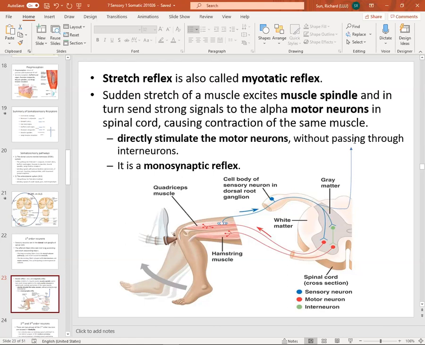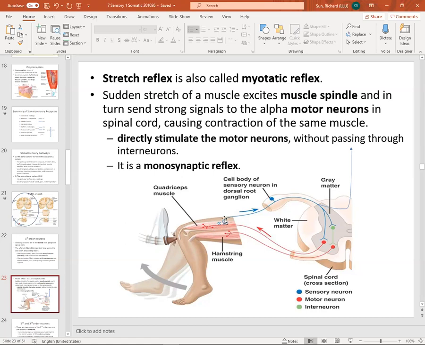One branch is sending up to the medulla, and locally it will innervate the motor neuron. So stretch excites the sensory signal, which causes contraction. This is what physicians commonly do, called knee jerk: they hit the knee to cause a sudden stretch.